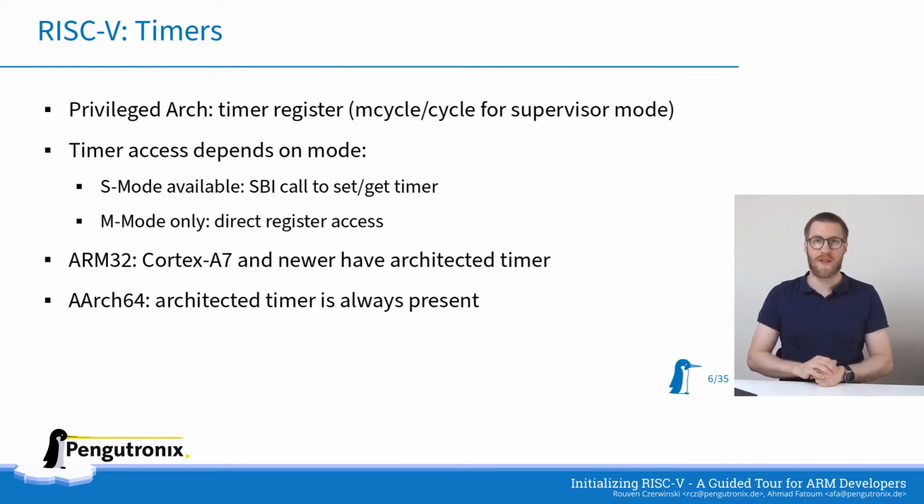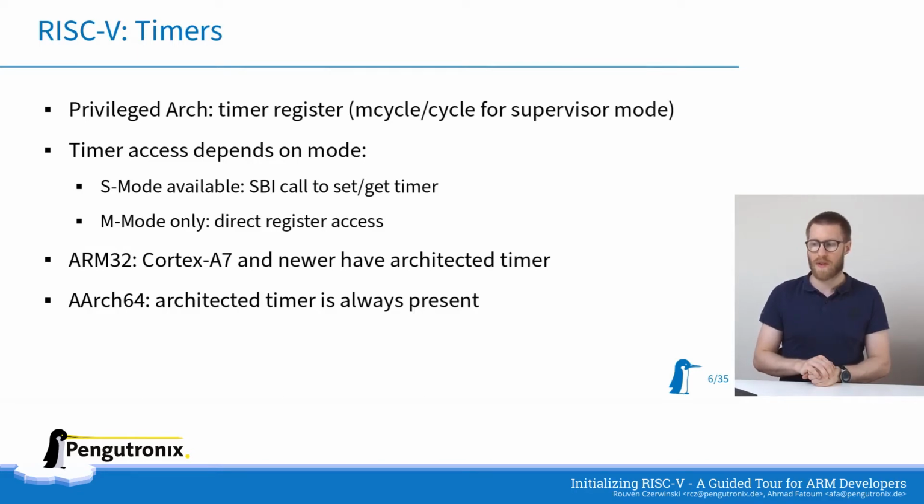And you use this supervisor binary interface to get and set the timer from the machine instruction or by directly accessing the shadow register. If you are running in M mode only, you have direct access to the registers, and there's nothing barring you from directly getting your timer value or setting your timer values.